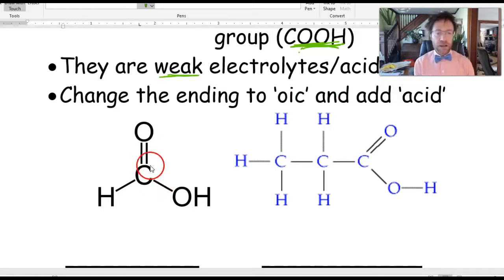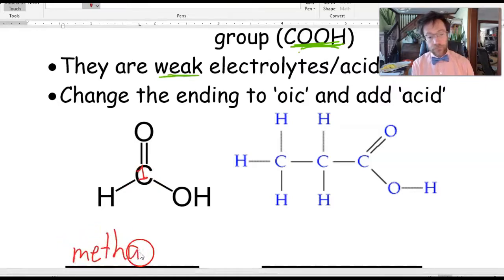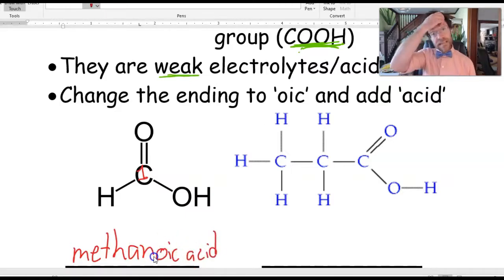So for this one, here we have, let's do Viking red here, guys. Here we have 1, so that's methane. But instead of the E, we're going to put oic: methanoic acid. Yeah, see how that works, right? Not too hard.